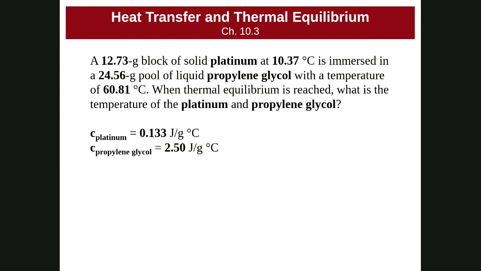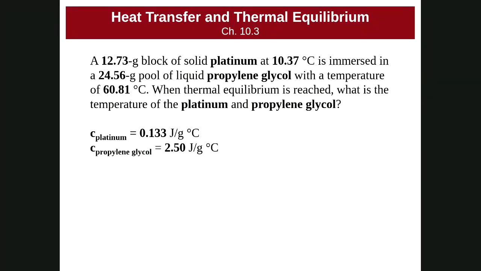All right, so let's look at another example. We have a 12.73 gram block of solid platinum, which is at 10.37 degrees Celsius, and we put it in a pool of liquid propylene glycol at 24.56 grams, and that has a temperature of 60.81 degrees Celsius.